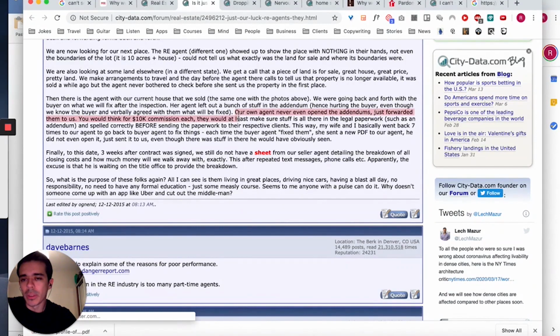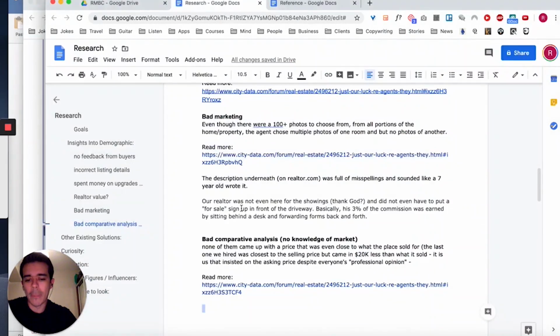Just forwarded them to us. You would think for $10K each, wow. They would at least make sure stuff is all there in the legal paperwork and is spelled correctly before sending the paperwork to the respective clients. Back 7 times to our agent to go back and buyer and fix things. New document. I mean, that's just sloppy, right?